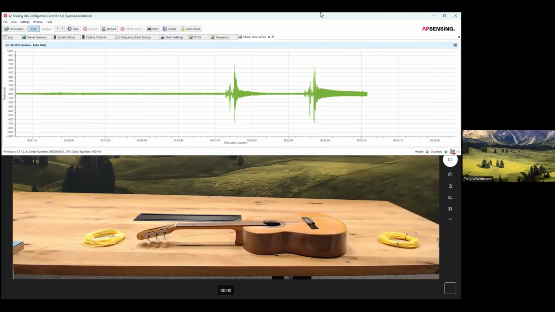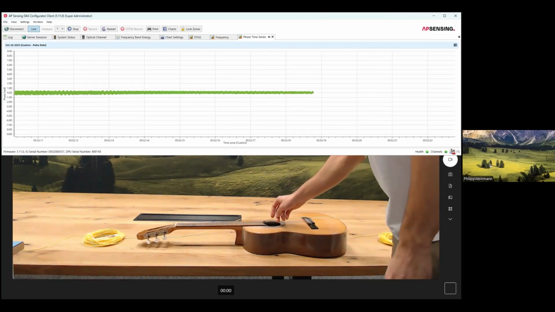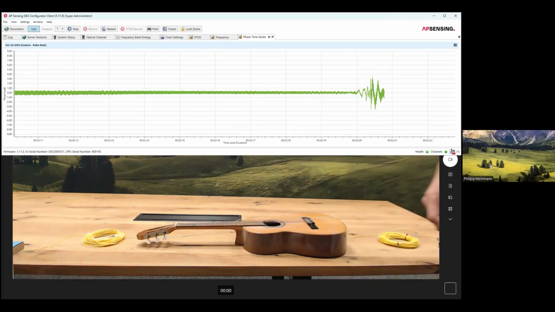Okay, let's zoom into this data and do it again. Let's zoom a bit more into the data.